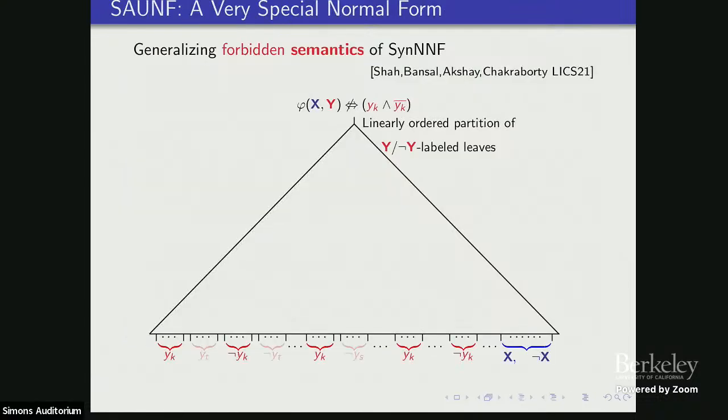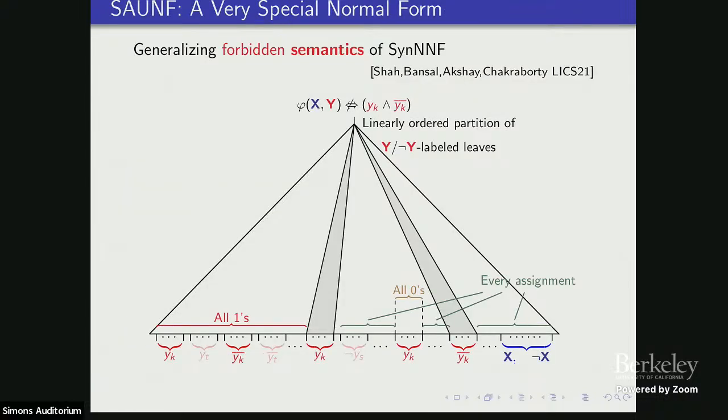I will not go into the technicalities of it, but it is further generalizing the forbidden semantics of SYNNF, saying can we divide the outputs into groups and then linearly order the groups? Earlier we had the outputs linearly ordered. Now the outputs are divided into groups, partitioned into groups. The outputs are the leaves, and then they're linearly ordered.